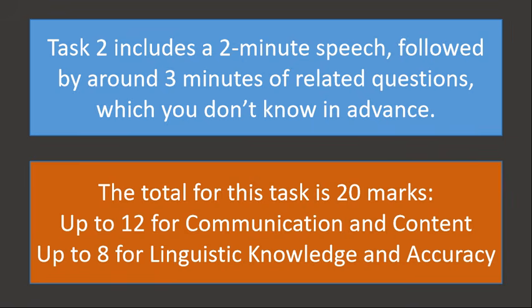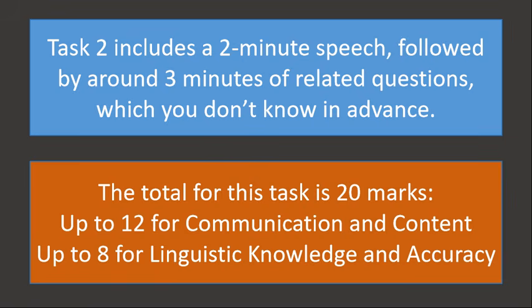You get up to 20 marks for this part. Notice though that the marks are based on the speech and your answers to the questions together, not just the speech. This is why it's important to choose a topic that you are happy answering questions about. Your speech is 2 minutes, the questions are 3 minutes.